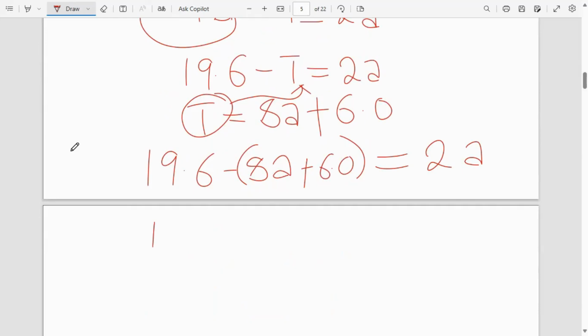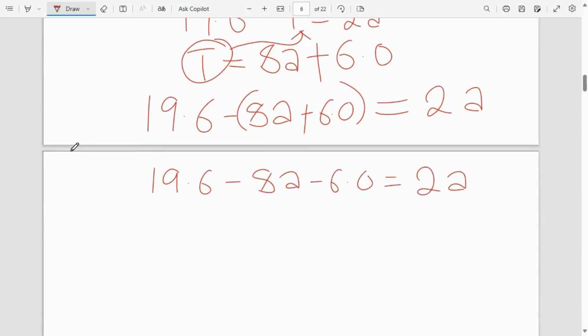So if I distribute the negative into the brackets, I'm getting 19.6 minus 8A minus 6.0. This will be equal to 2A. I'm getting negative 8A and take it to the other side, it will be plus 8A, which means I'm remaining with the 10A. If I add 8 plus 2, I'm getting 10.